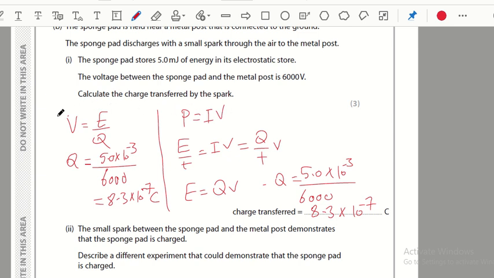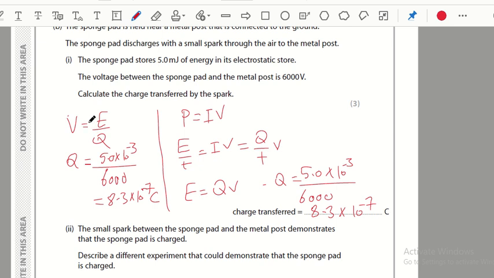So voltage or potential difference is equal to energy over Q, because its definition is energy required to transfer charge across a circuit. This is the EMF, but energy needed to transfer a charge through a part of circuit is the potential difference.